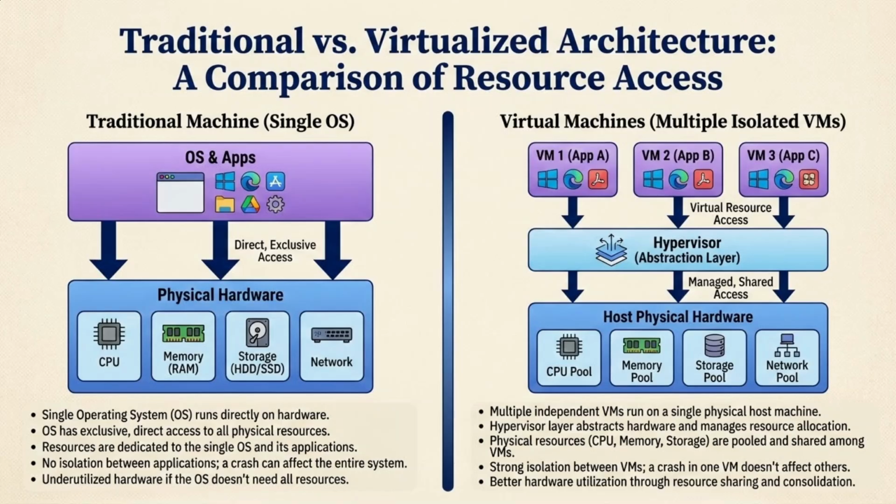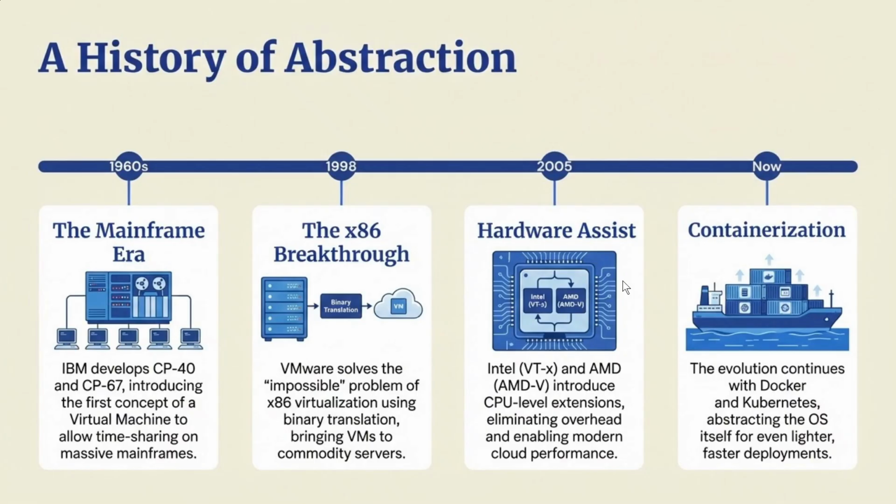Before we jump into the world of virtual machines, let's take a quick look at the history of virtualization. In the 1960s, IBM introduced the first virtual machine concept with their CP40 and CP67 systems. Then, in the late 90s, during the era of x86 systems, VMware used binary translations and made virtual machines a commercially viable option.